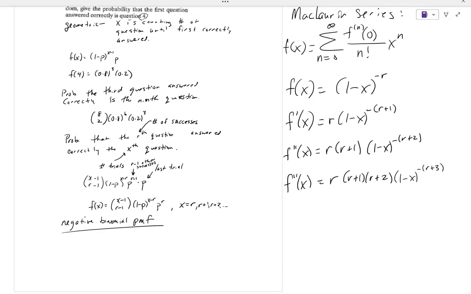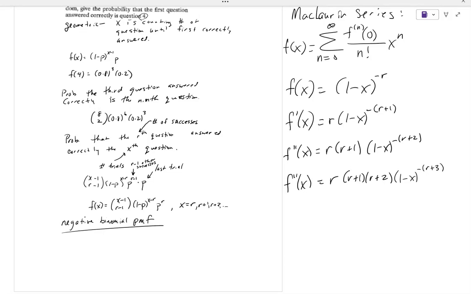We agree? Yes. I'm subtracting 1, but I'm factoring out the negative. So it's a negative r minus 1, but I'm factoring out the negative. So that's why I have a negative of r plus 1, and then I do the same thing all down.